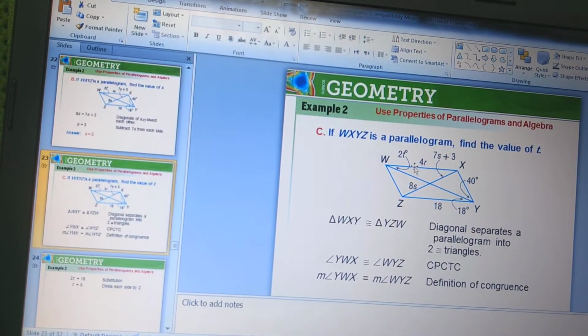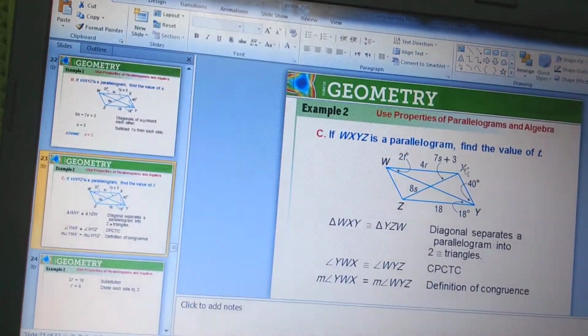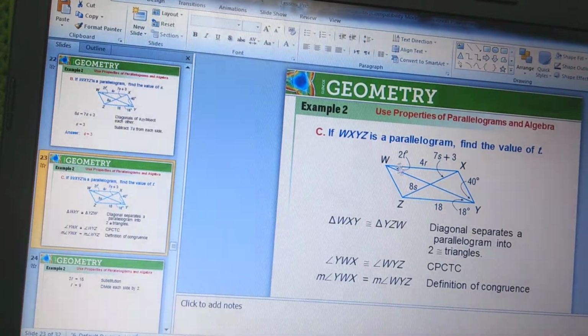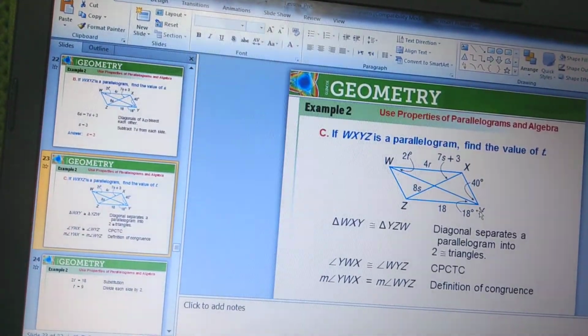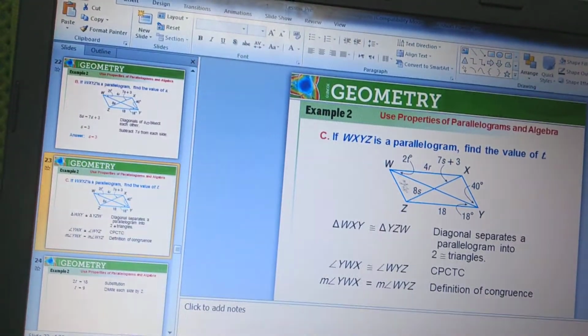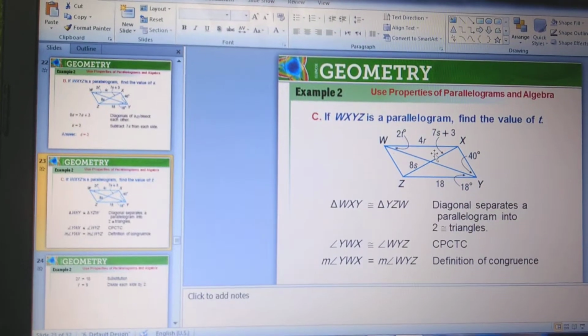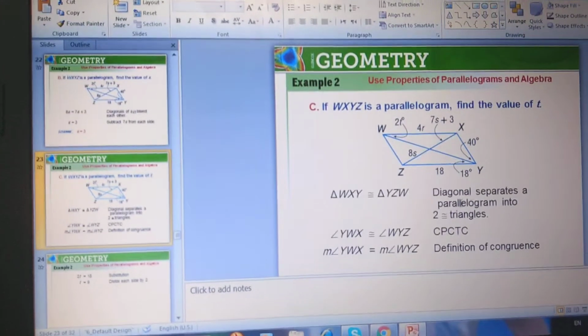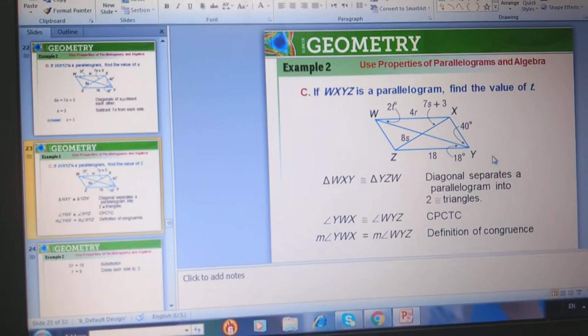Triangle WXY, this triangle, and triangle YZW, this triangle, are congruent. Why? Because a diagonal separates a parallelogram into two congruent triangles.